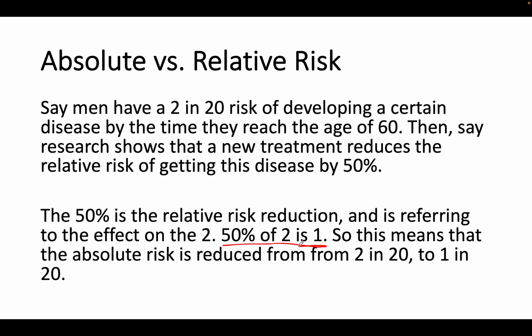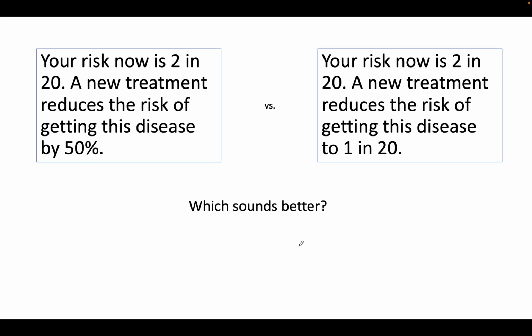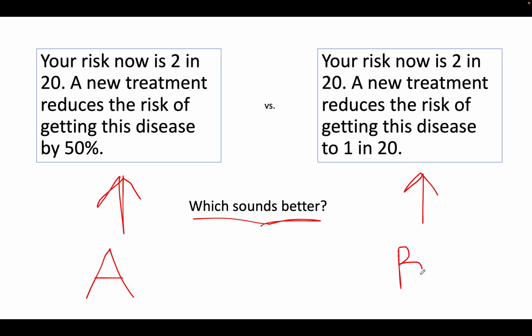So we need to be careful with our language and careful with numbers, because using numbers in certain ways can skew people's opinions. Let's look at this one, for example. Which one sounds better? Let's try this one. We'll call it A. Your risk is now 2 in 20. A new treatment reduces the risk of getting this disease by 50%. All right. Or, your risk is now 2 in 20. A new treatment reduces the risk of getting this disease to 1 in 20. Well, which one sounds better?